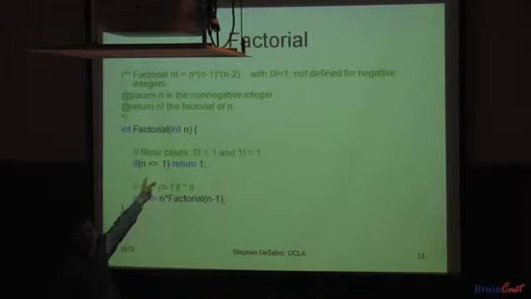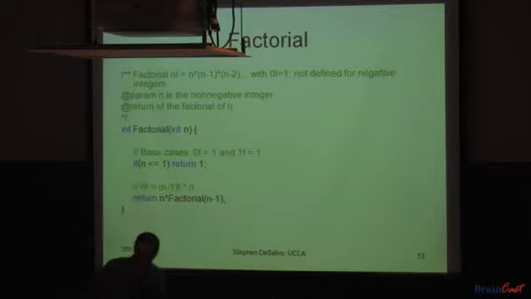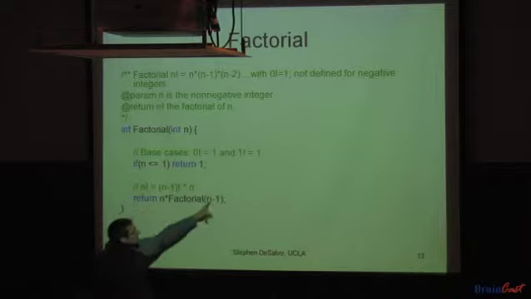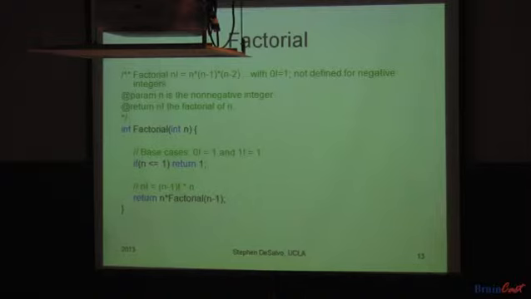Because if n is negative, actually this should return some type of error. I think it's either a domain error or range error, to be more technical, but it really should cause an error if n is strictly negative. Okay? But then otherwise, you just call the function on a smaller input, multiply by n. That's literally the value that you want.